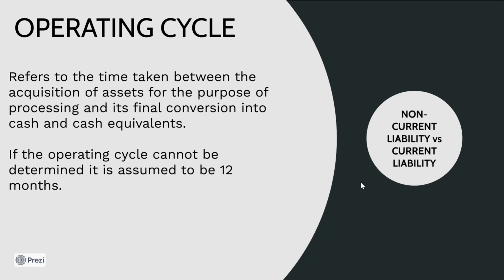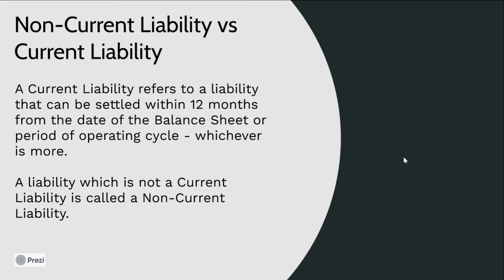Now, what has this operating cycle got to do with determining whether a liability is a non-current liability or a current liability? A current liability refers to a liability that can be settled within 12 months from the date of the balance sheet or period of operating cycle, whichever is more.